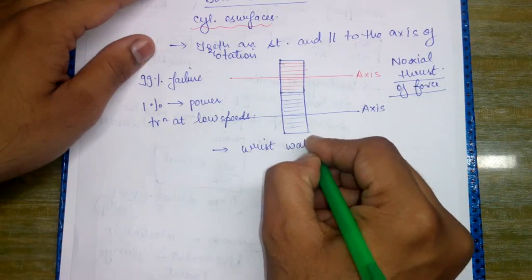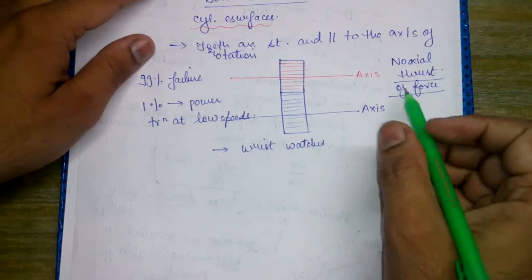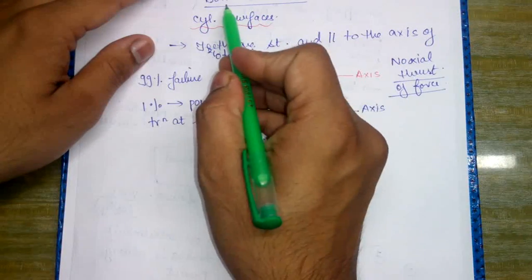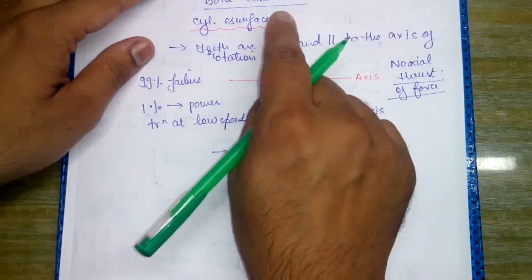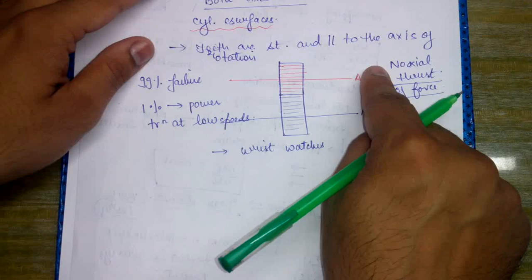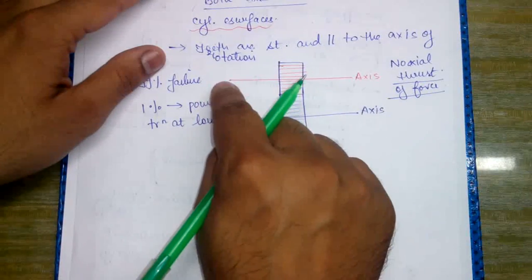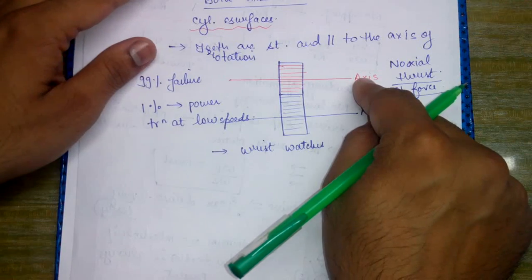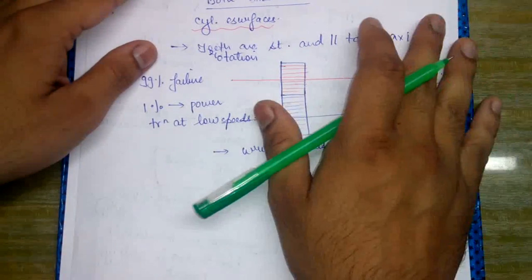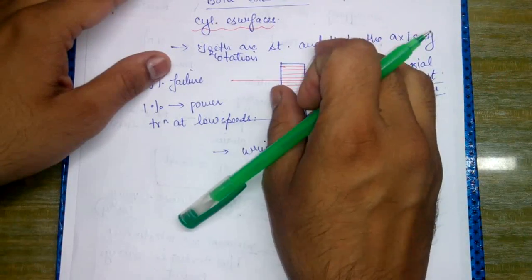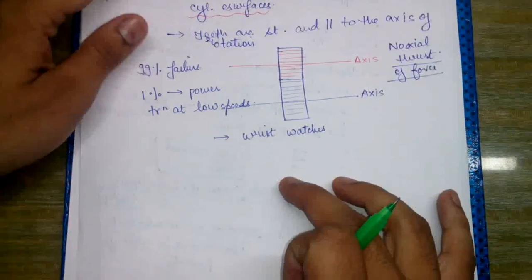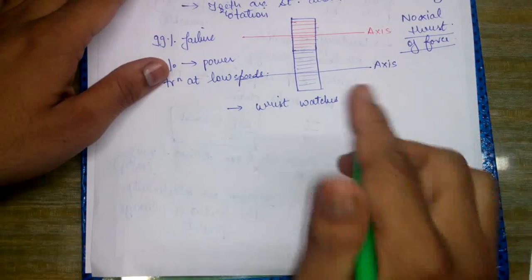So if you are asked, the type of gears used in wrist watches are those in which the teeth are straight and parallel to the axis of rotation. Okay, so that covers the first type of gear.